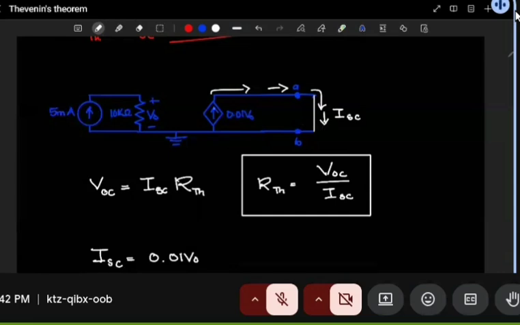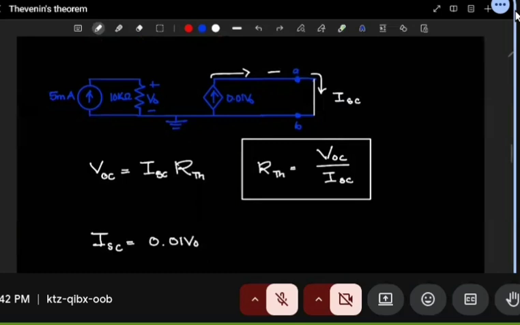If the dependent source was applying current going downward, they would be in opposite directions and we would have concluded that I short circuit is equal to negative 0.01 V0. However, for our current problem, they are in the same direction, so we will leave it like that.